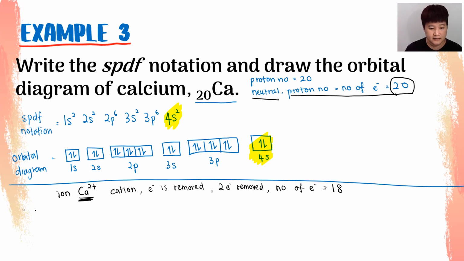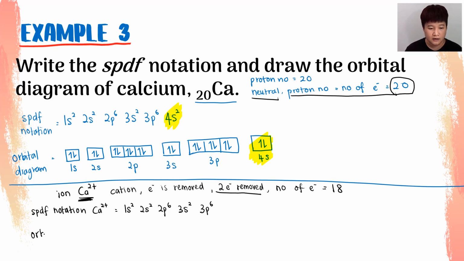So we are going to remove 2 electrons from the 4s. And the SPDF notation for calcium 2+ will be 1s2, 2s2, 2p6, 3s2, and 3p6. The 4s will be gone. Why? Because we need to remove 2 electrons.